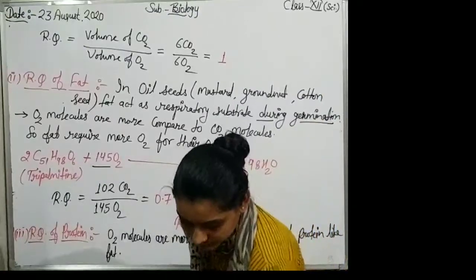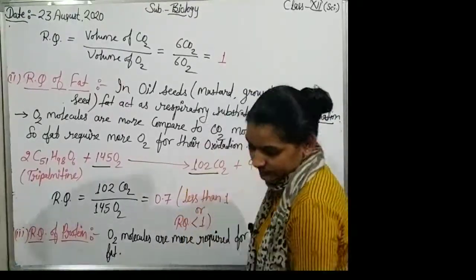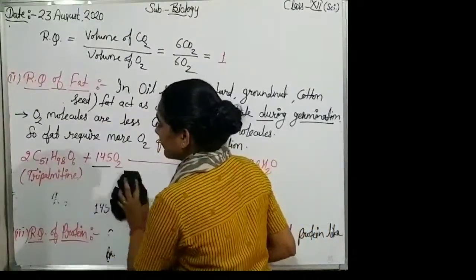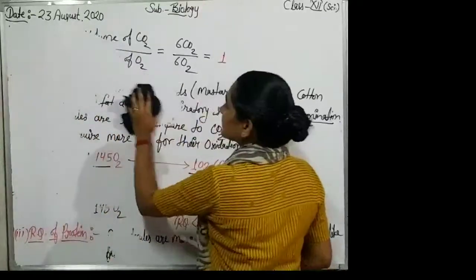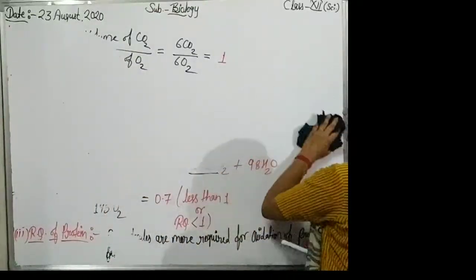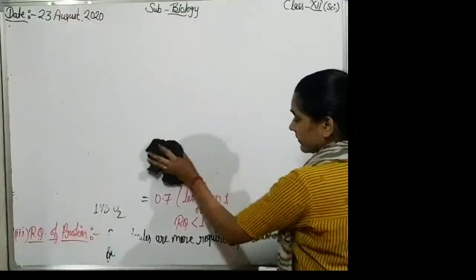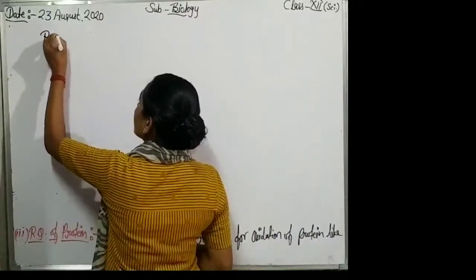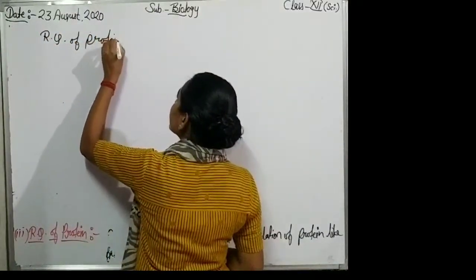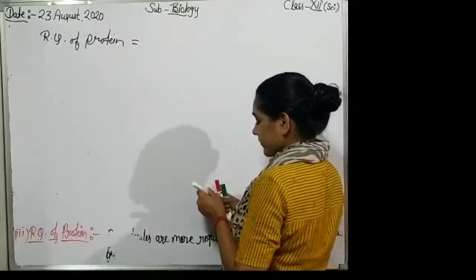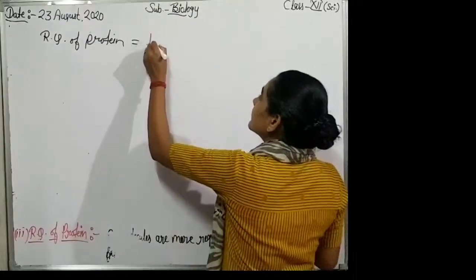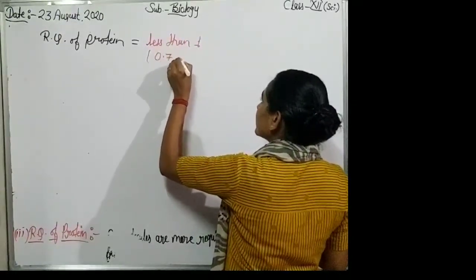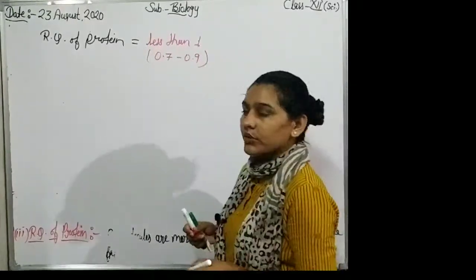Okay. So RQ of protein is less than 1. It means between 0.7 to 0.9. Okay.